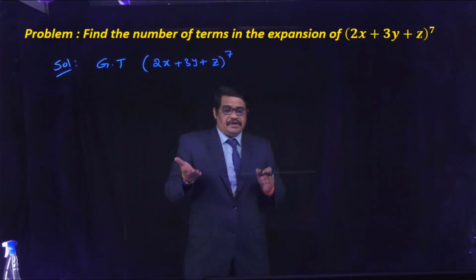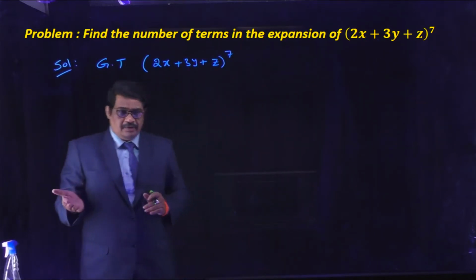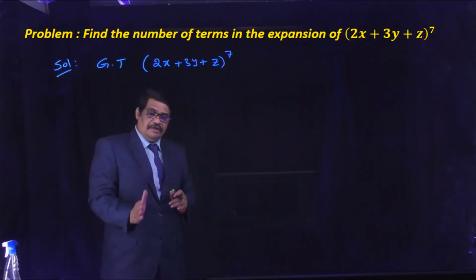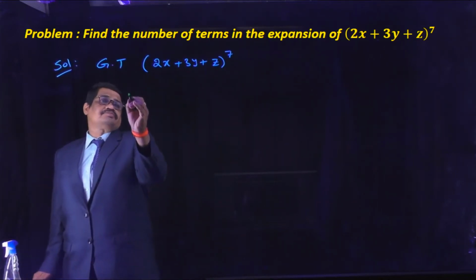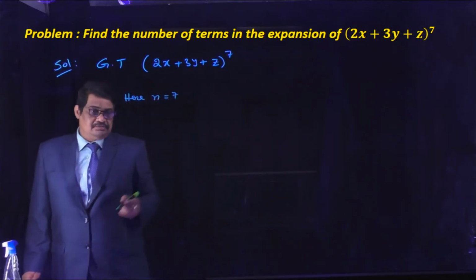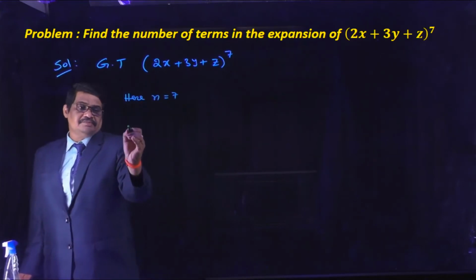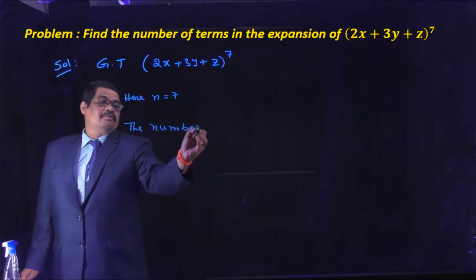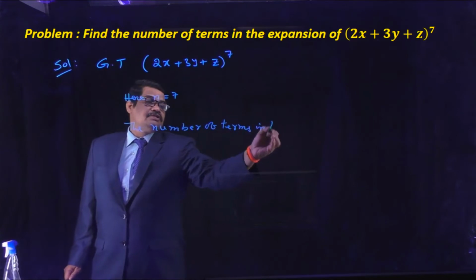In the trinomial expansion, as we discussed previously, the number of terms is (n + 1)(n + 2)/2. Here n is 7, so the power index is 7.